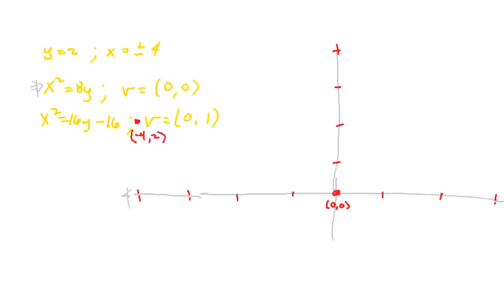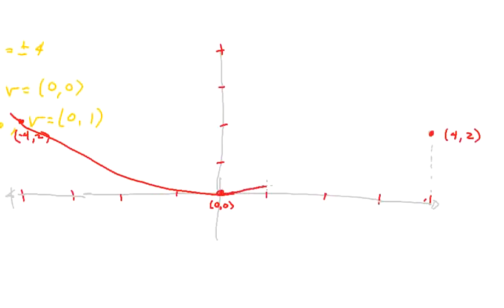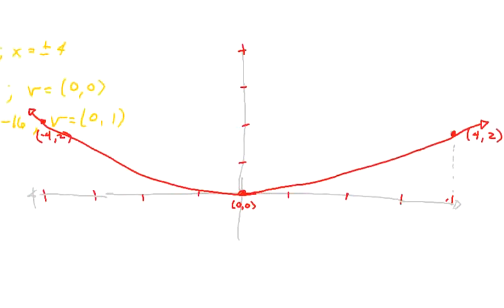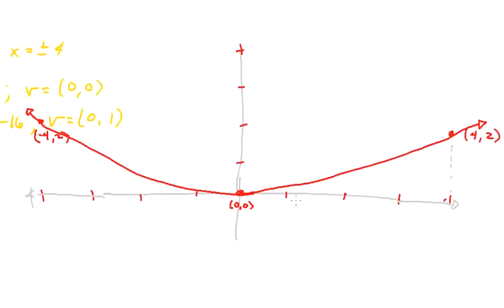Then this parabola A somewhat looks like this, right? It opens upward. This is a parabola x squared is equal to 8y.